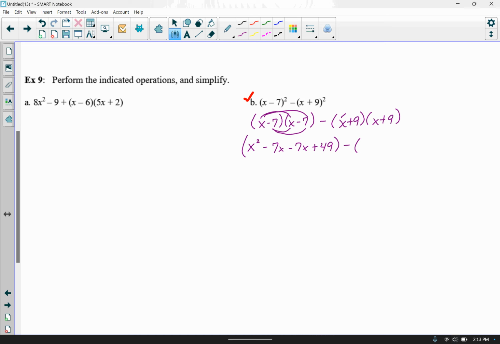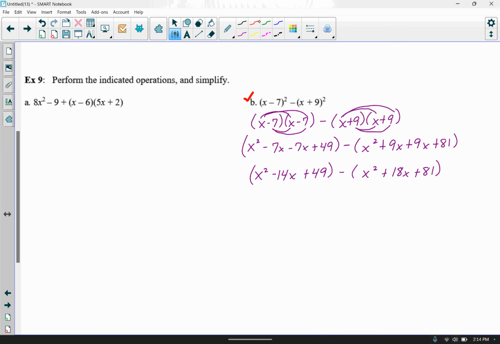FOIL back here, so first, x times x, outside, inside, last. All right, let's clean up both of those parentheses. So I've got x squared minus 14x plus 49, x squared plus 18x plus 81.